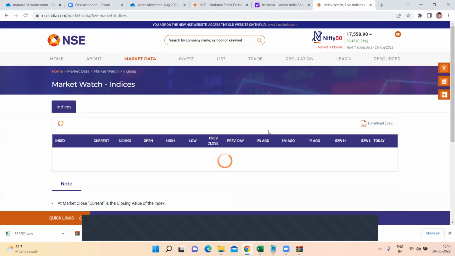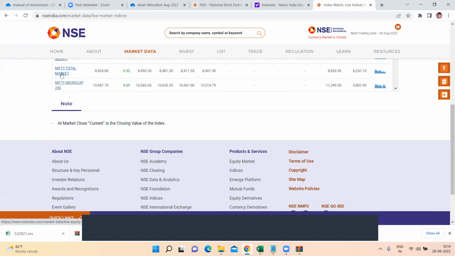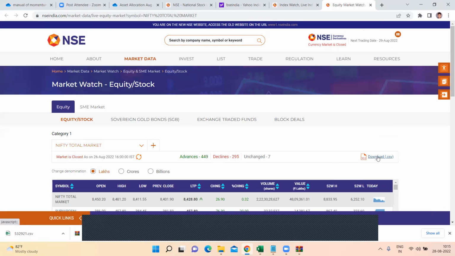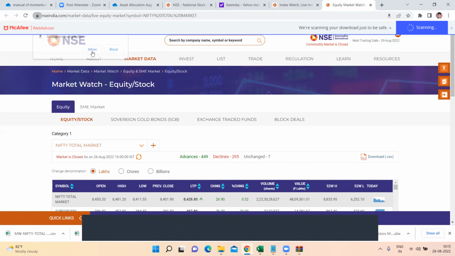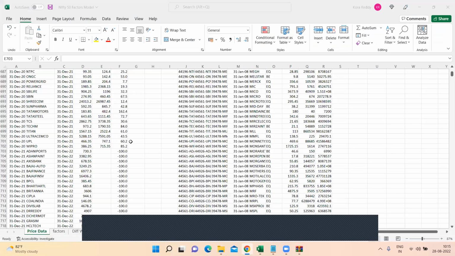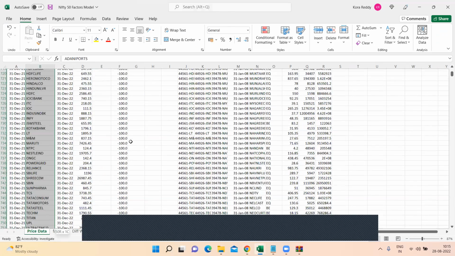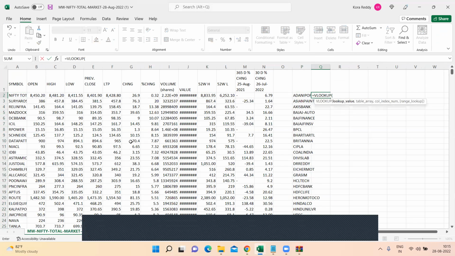Just download the Nifty total market cap and then do a VLOOKUP of this in this one. So that's 6.